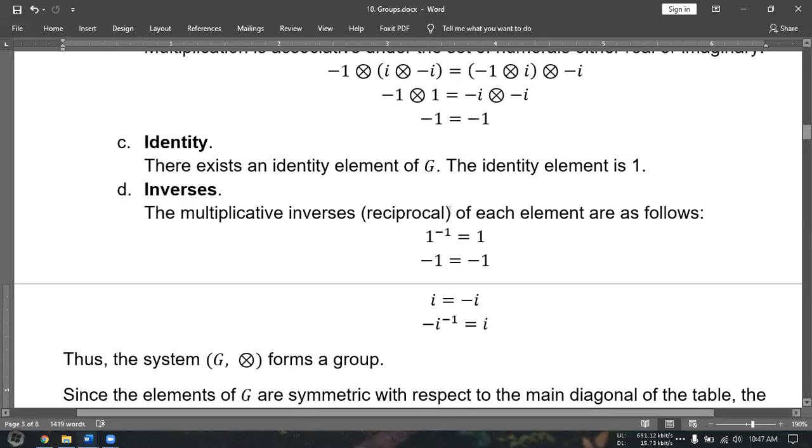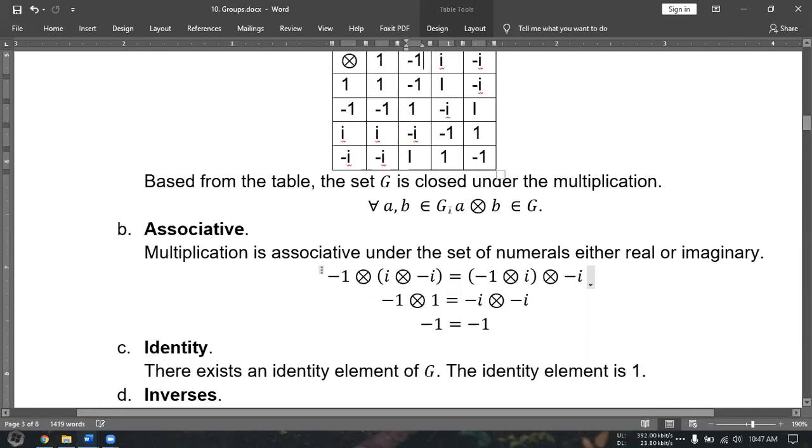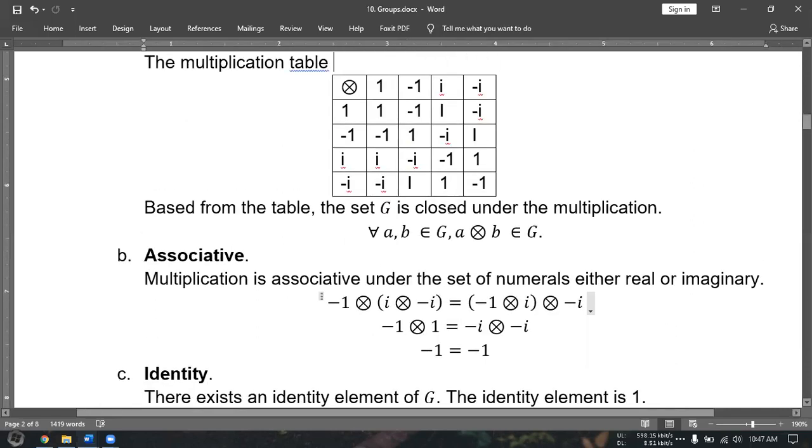Since the elements of G are symmetric with respect to the main diagonal on the table, remember how we tested commutativity using tables during our discussion of binary operations. We're observing the diagonal, the symmetry with respect to our main diagonal. And our main diagonal is this.